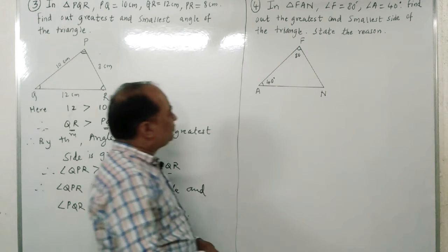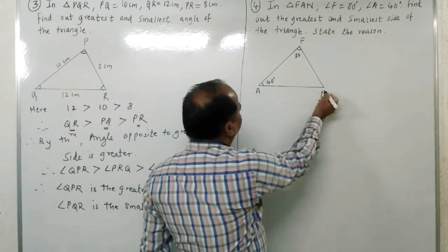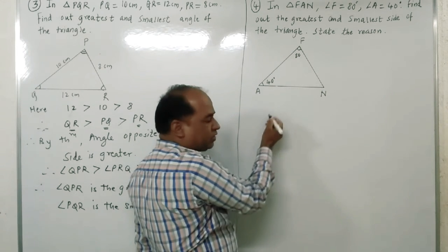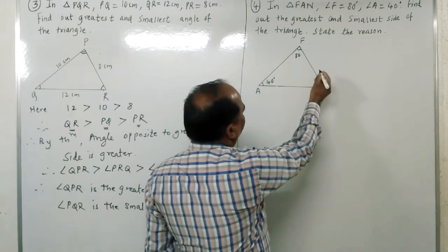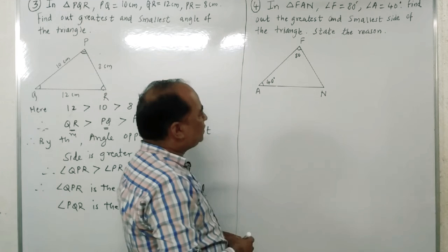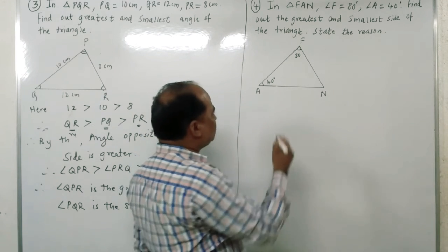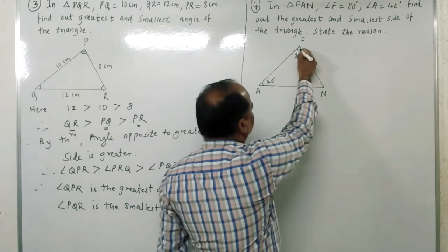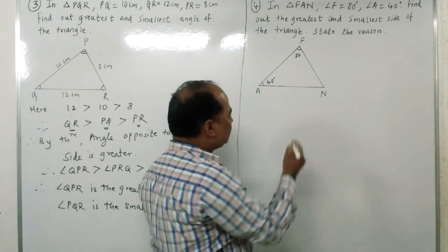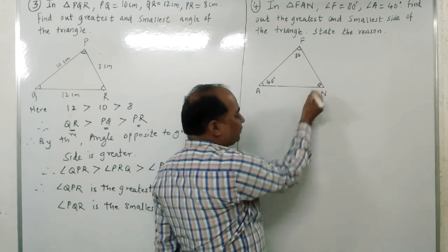Fourth example: in triangle FAN, angle F is equal to 80, angle A is equal to 40 degree. Find the greatest and the smallest side of the triangle. State the reason. So now if you see here, in this triangle FAN, measures of two angles are given. So you have to find first the measure of the third angle.